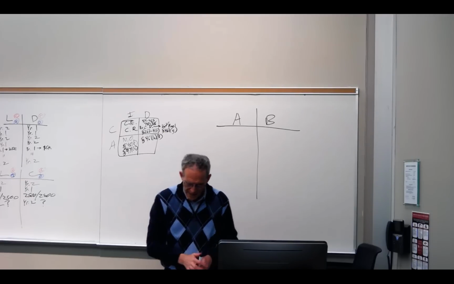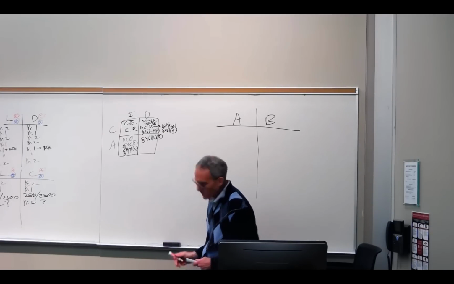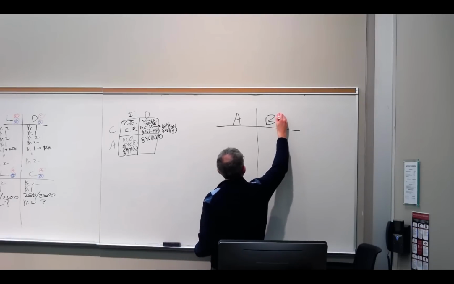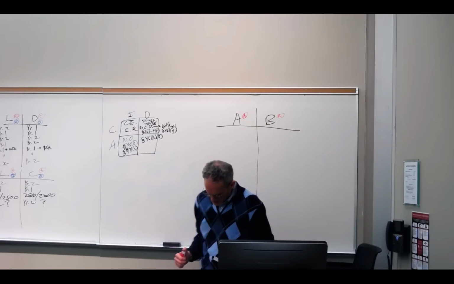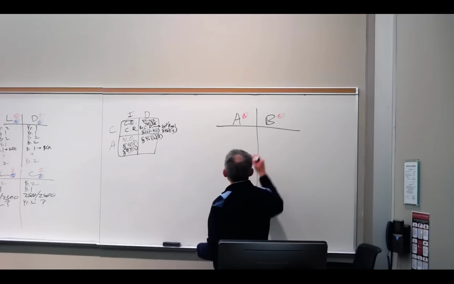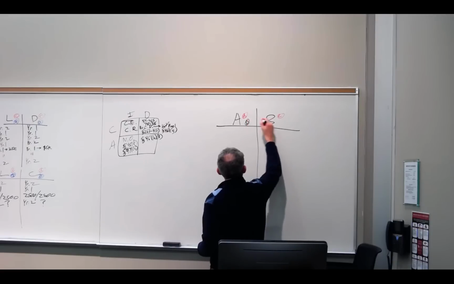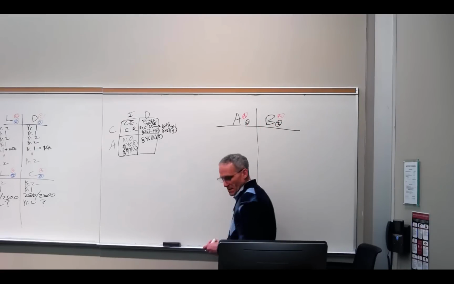So again, B is cash, A is accrual, and the question is deduction and inclusion.